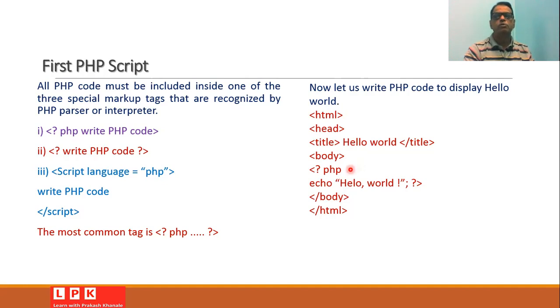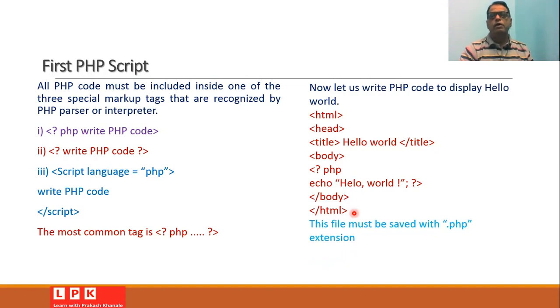So whenever we want to include the PHP code, I will make use of one of the ways of writing PHP, that is less than question mark PHP, and then I will write only one statement, that is echo, and then I will put a string hello world, and then I will close it, and then I will end the body of the HTML code, and we will end the HTML code itself.